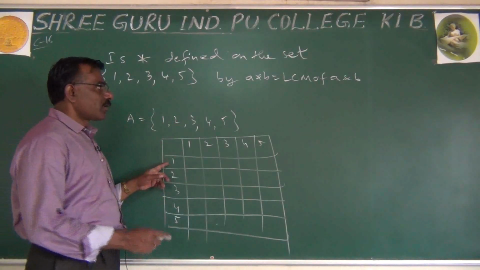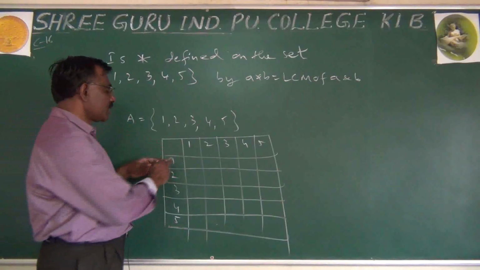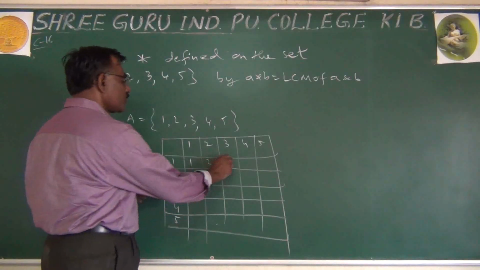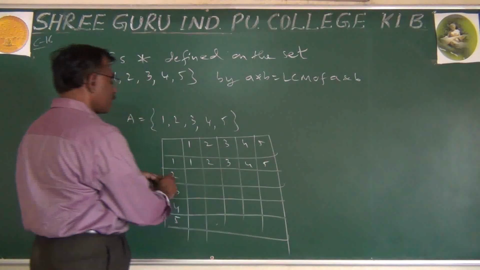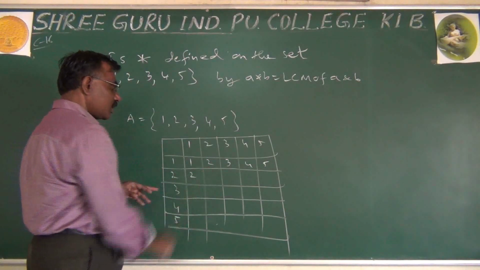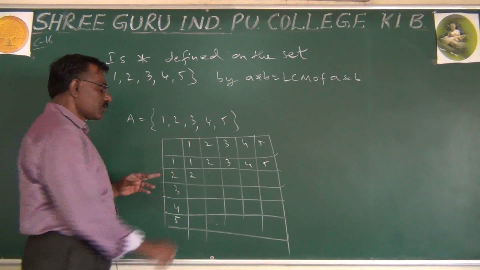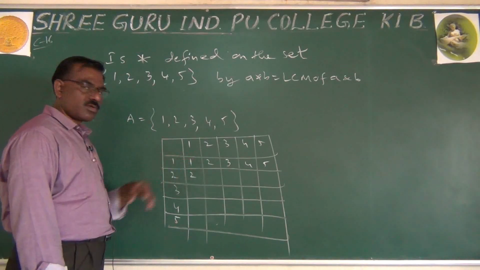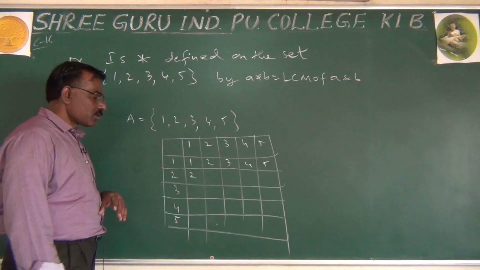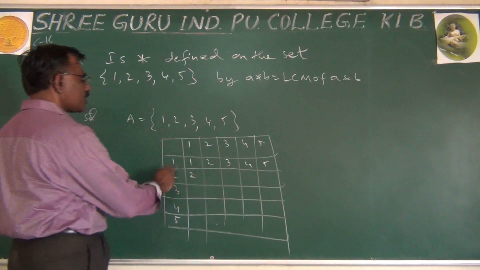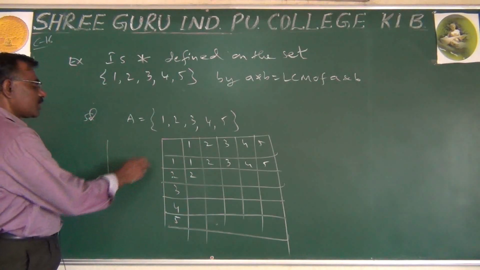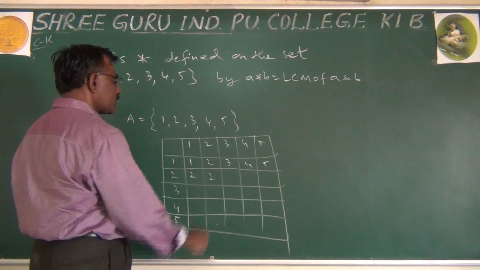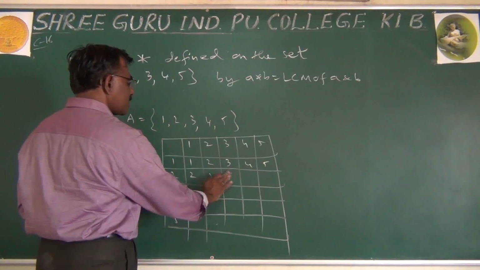Now the LCM of 1 and 1 is 1. The LCM of 2 and 1 is 2. The LCM of 2 and 2 is 2. Then the LCM of 2 and 3 is 6.